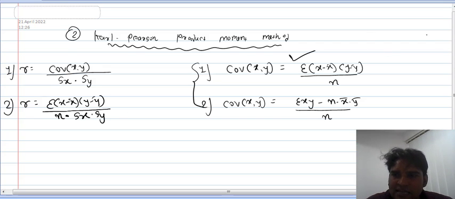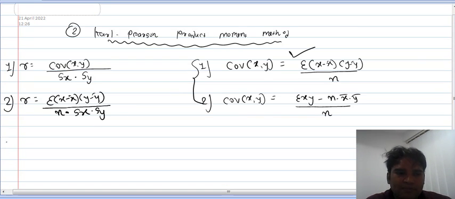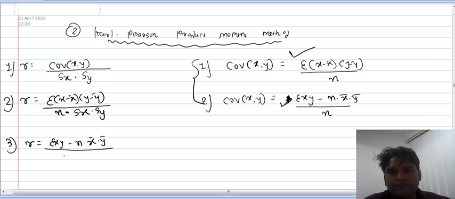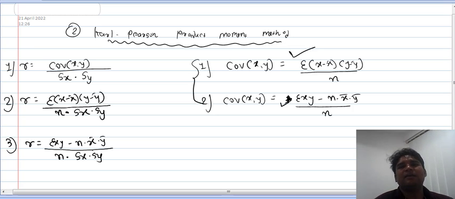You can see the second formula is now ready. Now third formula, instead of COVXY I will write this one, and this is really important: sigma xy minus n into x bar into y bar upon n into Sx and Sy is already given, right? So you can see three formulas are ready.